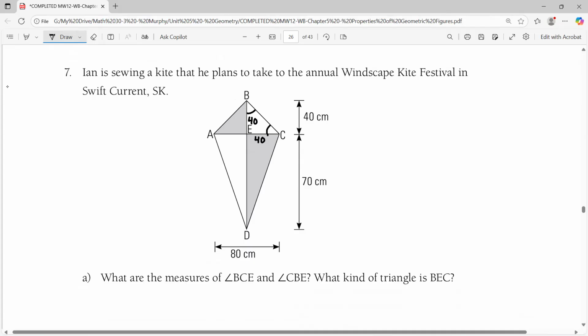Okay, and we got a right angle. So I can just draw that here if you need. So B, C, right angle. This is 40, 40, and we got to find both angles.